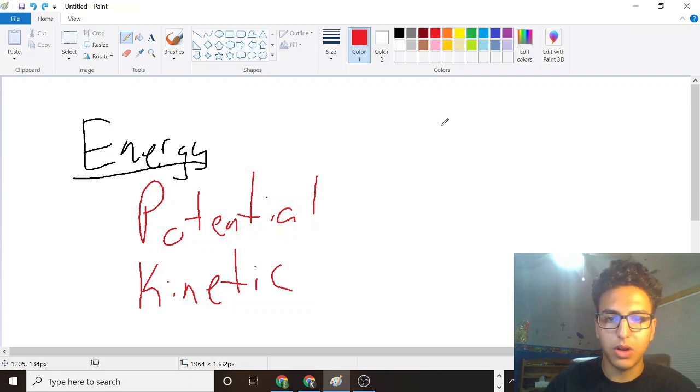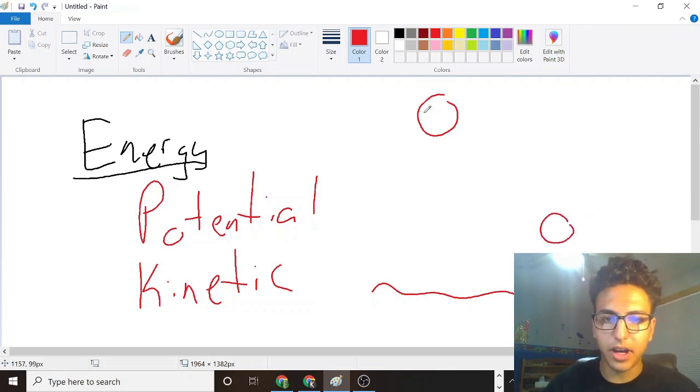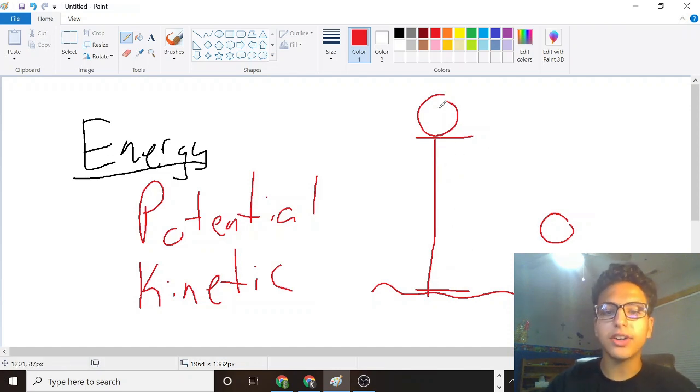Okay, so we'll say if you had an object here above the ground, okay, if this is your ground, or an object here. This object is higher up, so it has higher potential energy, okay, more potential energy. It has a higher tendency to move than this object, okay?